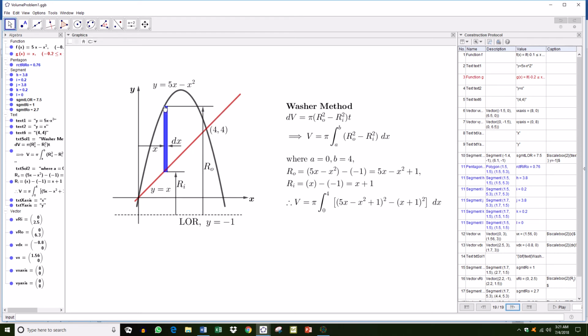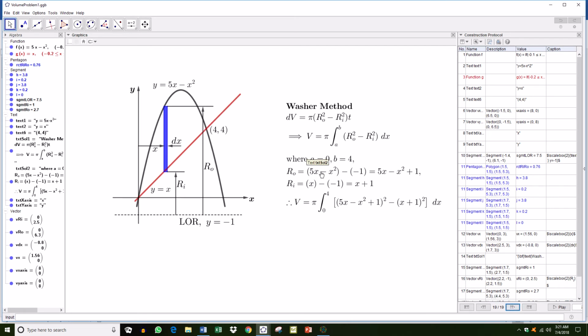So the y value is 5x minus x squared here, and we come all the way down to the line of revolution. What's the y value of the line of revolution? Hey, you got the equation here, y equals -1. So -1 is the y value of this bottom point. So R sub O is 5x minus x squared minus the -1.